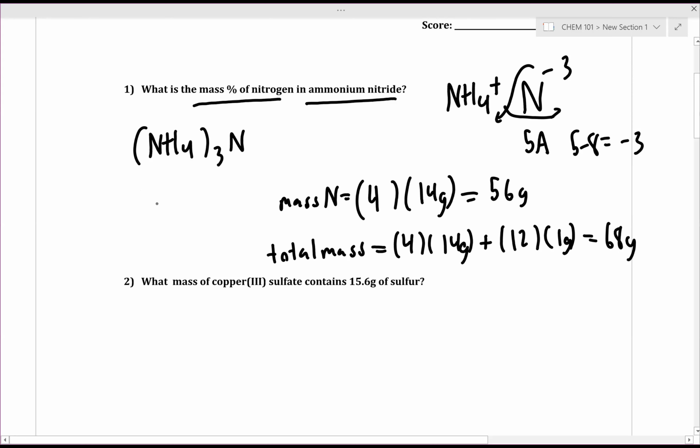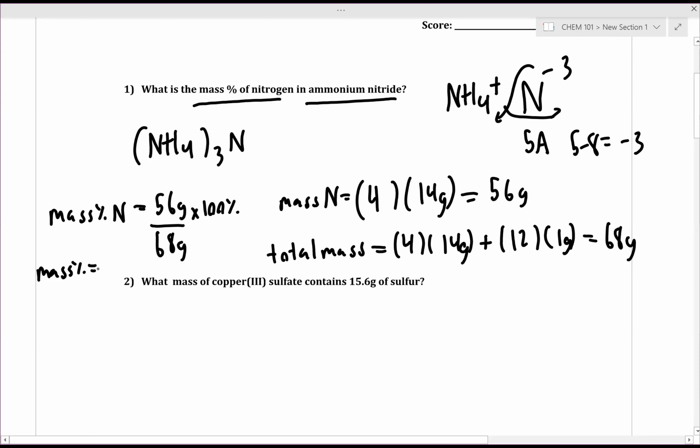Okay, perfect. So then all we have to do to calculate the mass percentage of nitrogen is we take the mass of nitrogen, which is 56 grams, over our total mass of 68 grams times 100%. And that in turn gives us a mass percentage equal to, let's now switch to our document camera.